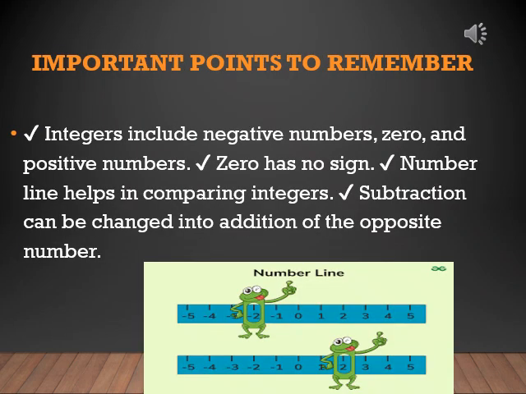So important points to remember in this chapter are: integers include negative numbers, 0 and positive numbers. 0 has no sign. Number line helps in comparing integers. Subtraction can be changed into addition of the opposite number.